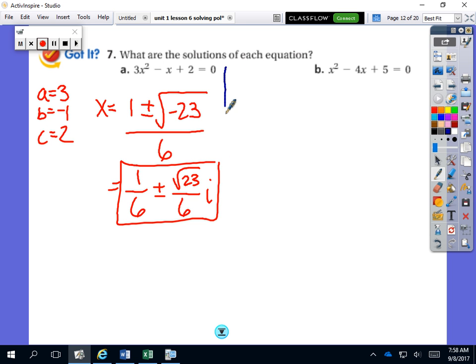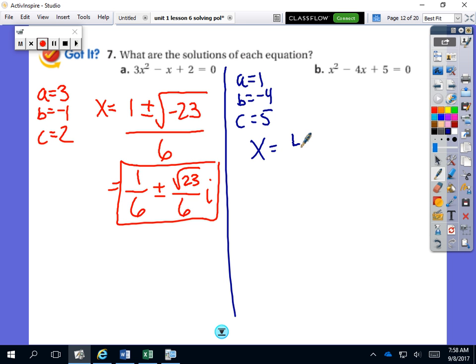And B, A is 1, B is -4, C is 5. So x equals negative of -4, which is 4, plus or minus square root of -4 squared. So 16 minus 20, -4, over 2 times 1, which is 2.